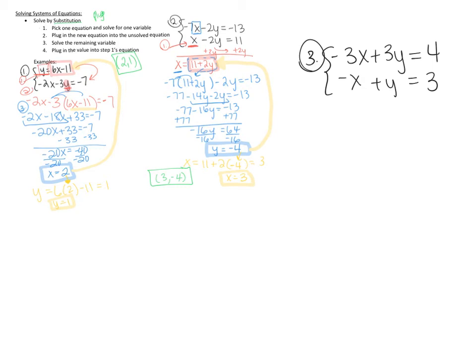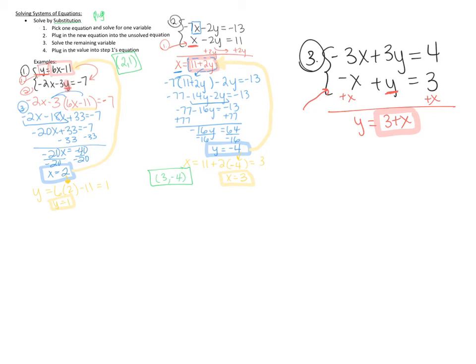So I start off and I say, okay, I'm going to solve an equation here. I'm going to pick this equation here, and I'm going to pick the y. All I would need to do is move that x, so let's do that. So I'm going to get y equals 3 plus x. So I say, okay, that's the equation. I'm going to go plug in. So let's do it.